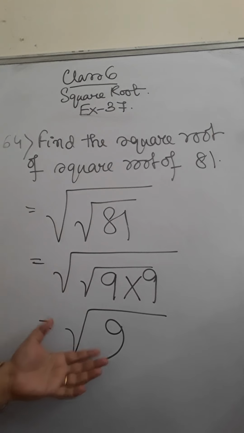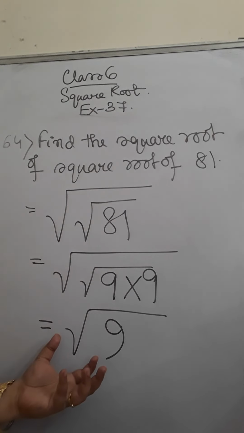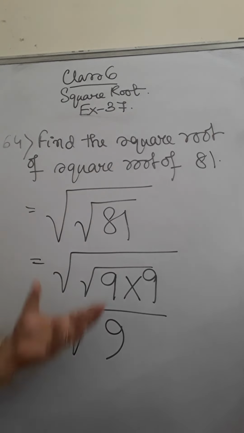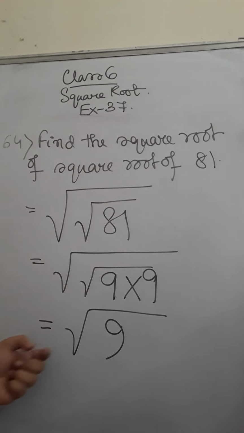So now the solving is having only one square root. Now instead of 9, I have to write it as a multiplication of two similar numbers, because if I want to take out of this square root, I have to do that.